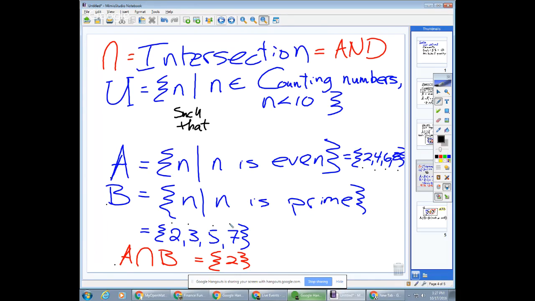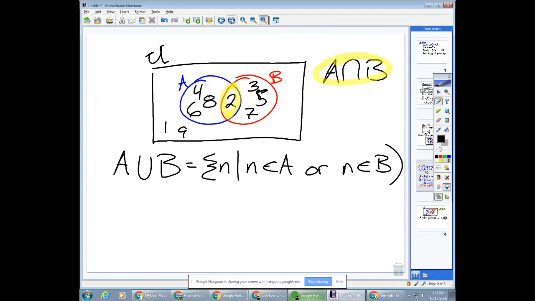So if there's an intersection, then when I put them together, I don't want to double count the 2, right? So whenever you take the union of two sets, you can have at most however many were in the first set plus however many in the second set. But we just can't say 4 plus 4, there's 8 in there, because that would double count 2, right? So that's a problem. And when we list sets, we don't double count the elements in the set.